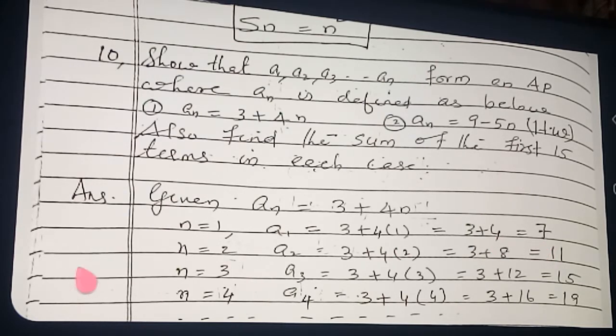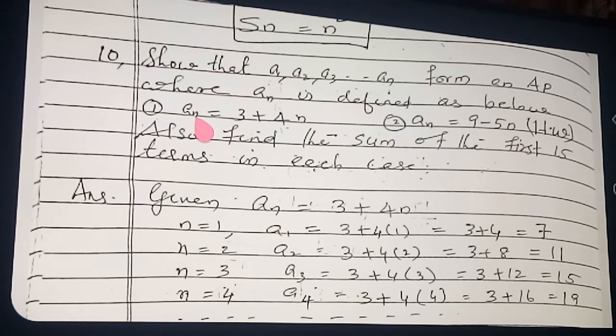Very clear? And n is equal to 2. So A2 is equal to 3 plus 4 into 2. 4 into 2, how much is coming? 8. 8 plus 3, 11. Okay, students? And now, if n is equal to 3, A3 is equal to 3 plus 4 into 3. 4 into 3, 12. 12 plus 3, 15. n is equal to 4.